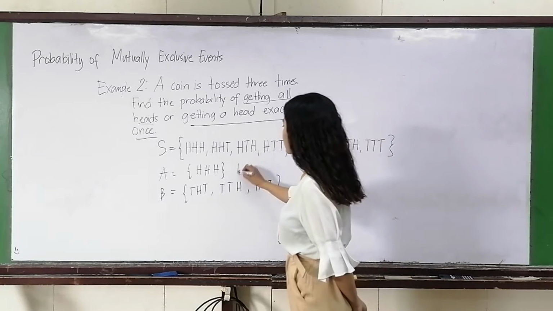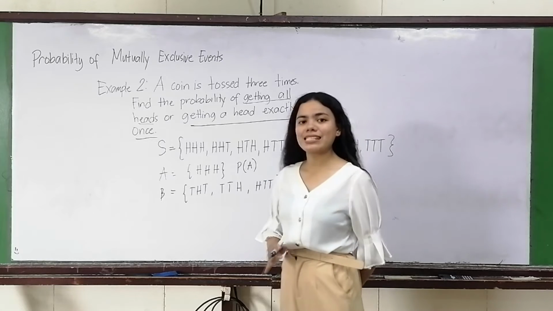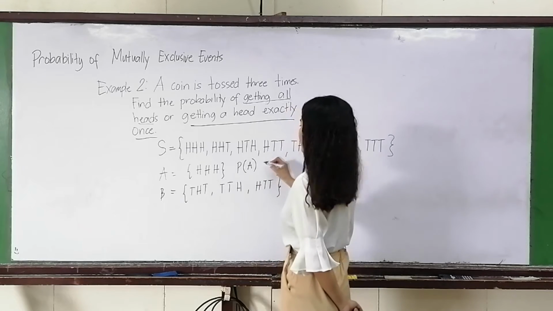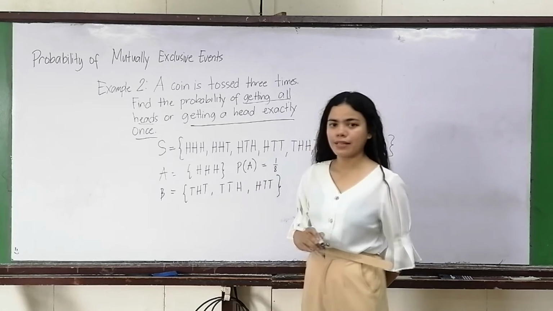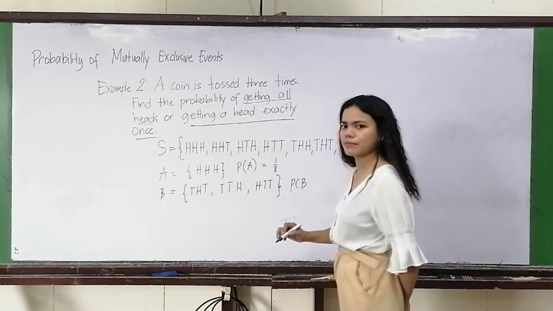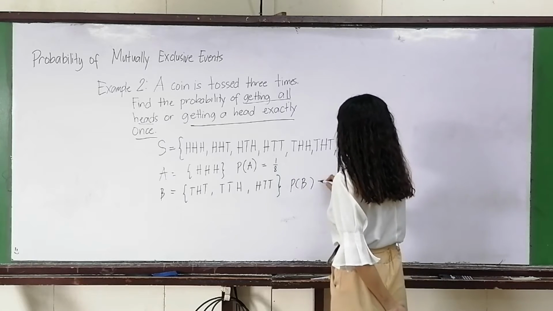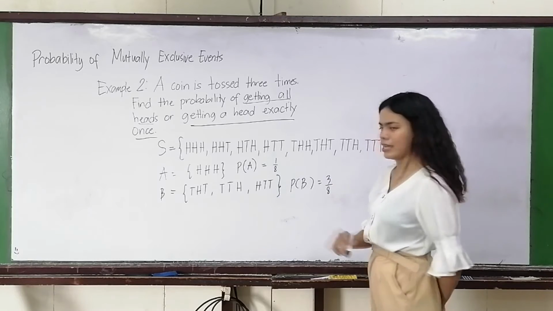Now, the probability of A is 1 over 8. And the probability of B is 3 over 8.